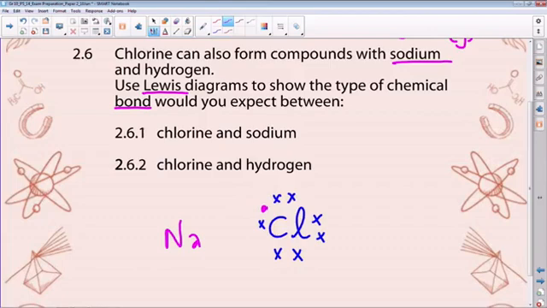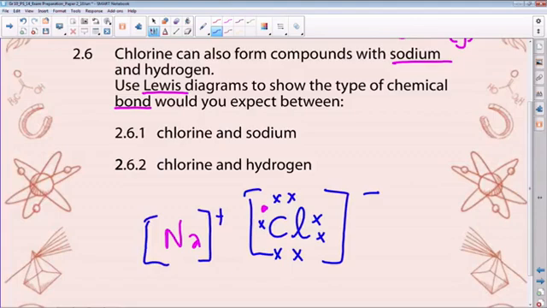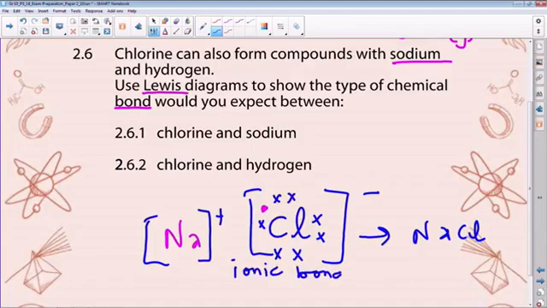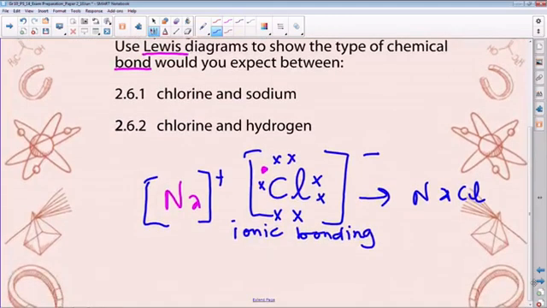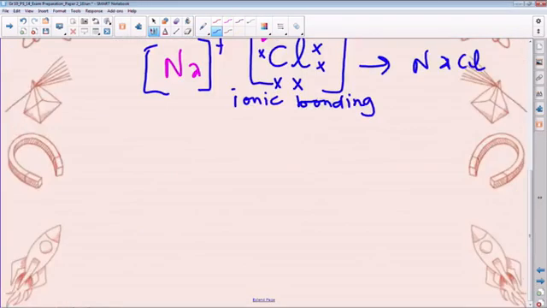So once we have that, now we have this chlorine being negative and that sodium being positive. Then we get our NaCl, right, which is our salt there. So this is typically ionic bonding. We have shown the ionic bonding using the Lewis diagrams, right?